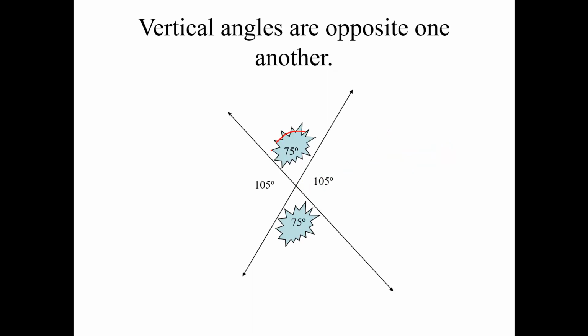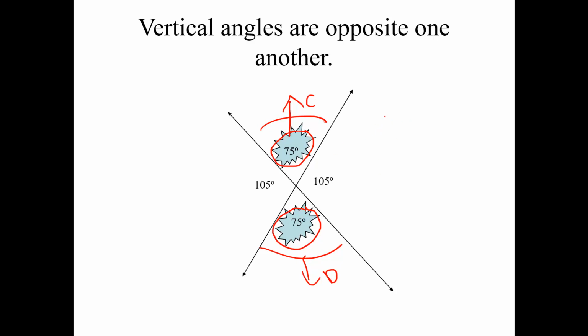So this 75 in here will be opposite with this one here, because the direction of this angle is going that way, right? It's facing that way, and this one is facing that way, so they are opposite to each other. Let's name this angle C, and this is angle D maybe.